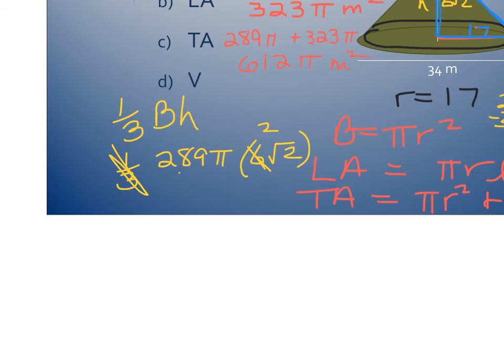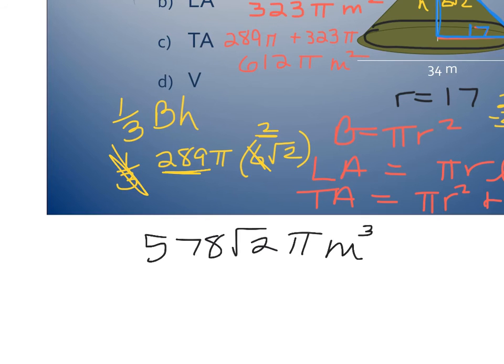So I get 578 root 2 pi. Does that make sense? And it's meters to the third power. Because I simplified the 1/3 and the 6 and I made it 2 root 2. But then I can multiply outside things with outside. So 289 times 2, and I got 578.